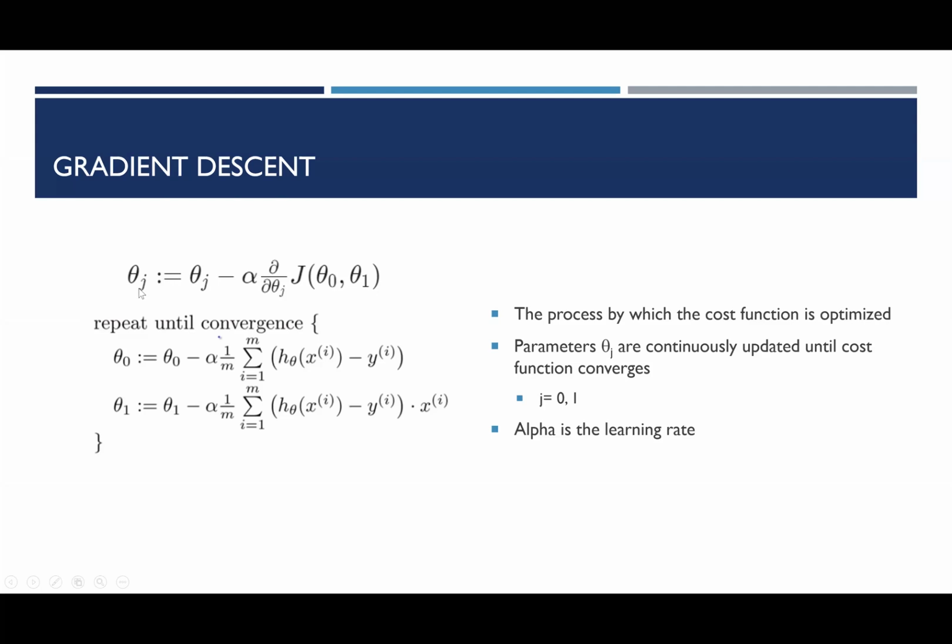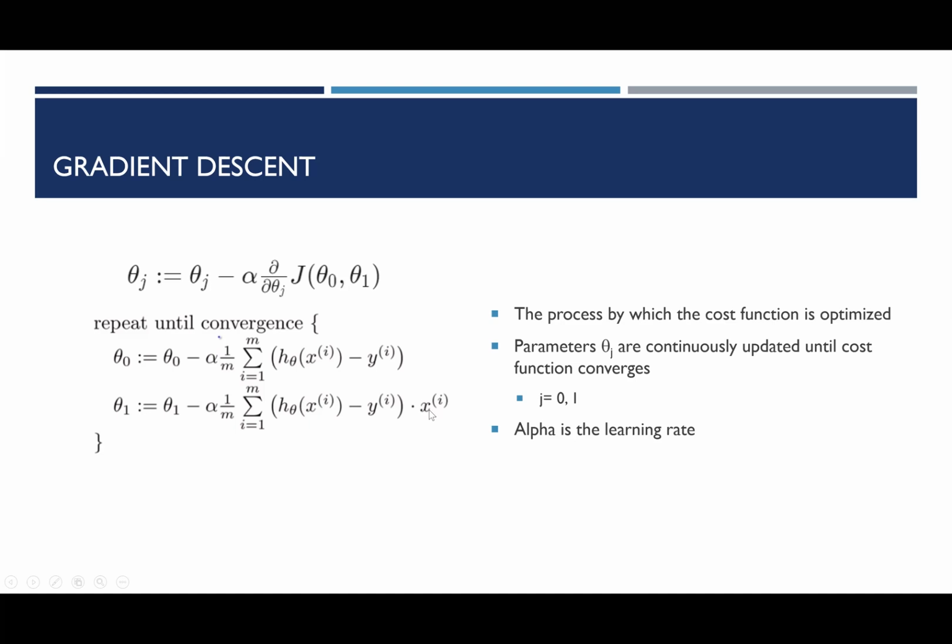For clarification, j can be 0 or 1 in this case. Down below we have the respective gradient descent for theta 0 and theta 1.